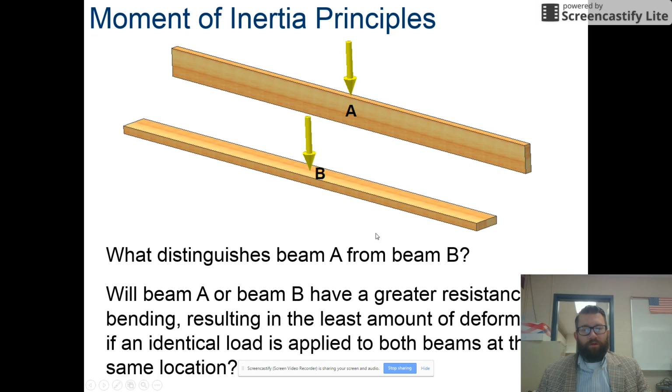Think about your house. You have beam B, which is more like floor planks. If you have a hardwood floor, you can see this very easily. Whereas A is the joists. So if you go down to your basement, if you have an unfinished basement, you can see the joists and their vertical orientation. And then the planks are on top with their horizontal orientation.